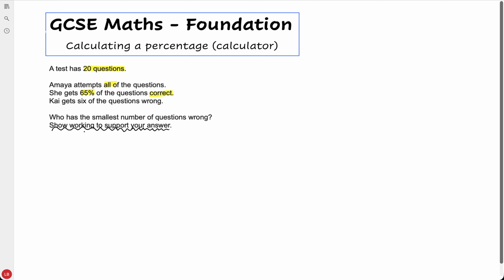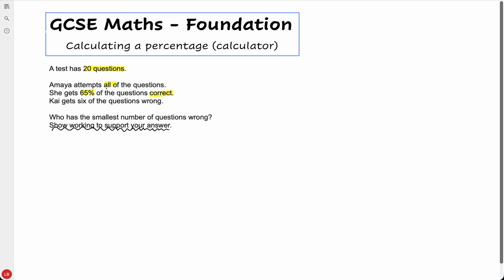Because this is a question where you could guess the answer. Who has the smallest number of questions wrong? Well, it's Amaya, or it's Kai. It's one of them. So you've got to show your working out to support your answer. Otherwise, you could guess it. And if you just guessed it without any working out, you get no marks.